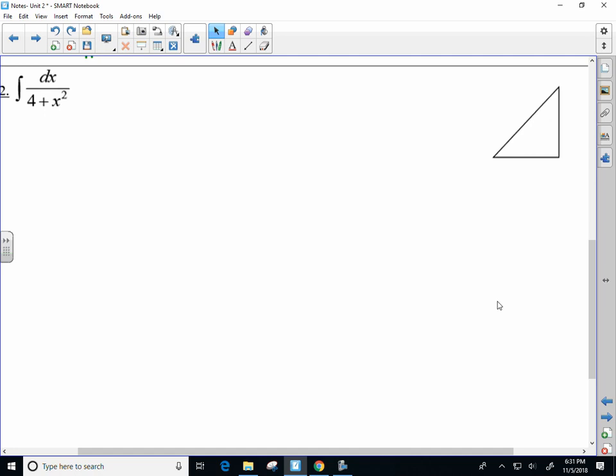Okay, so looking at the 4 plus x squared, you look at that and say, well, there's no radical. So then what? Well, funny thing is, there is.